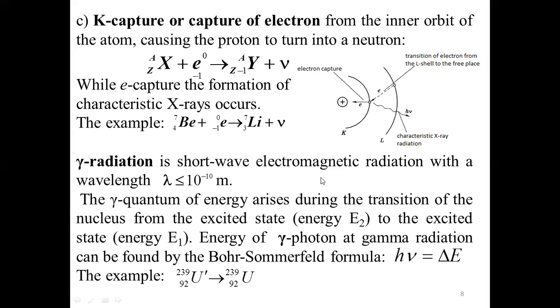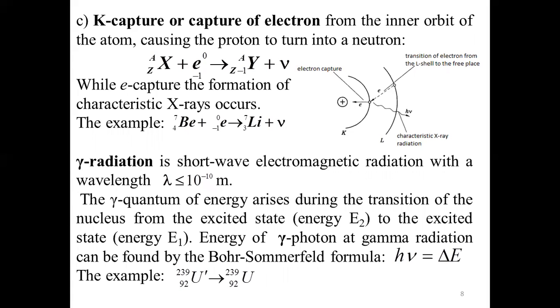Gamma radiation represents short-wave electromagnetic radiation with wavelengths less than 10^-10 meters. The gamma quantum arises during the transition of the nucleus from an excited state, for example with energy E2, to an excited state with energy E1.